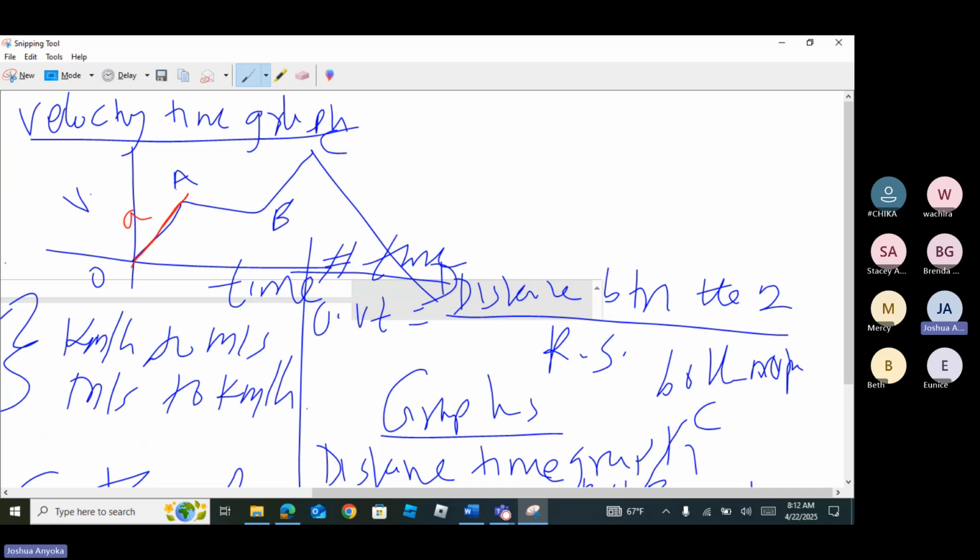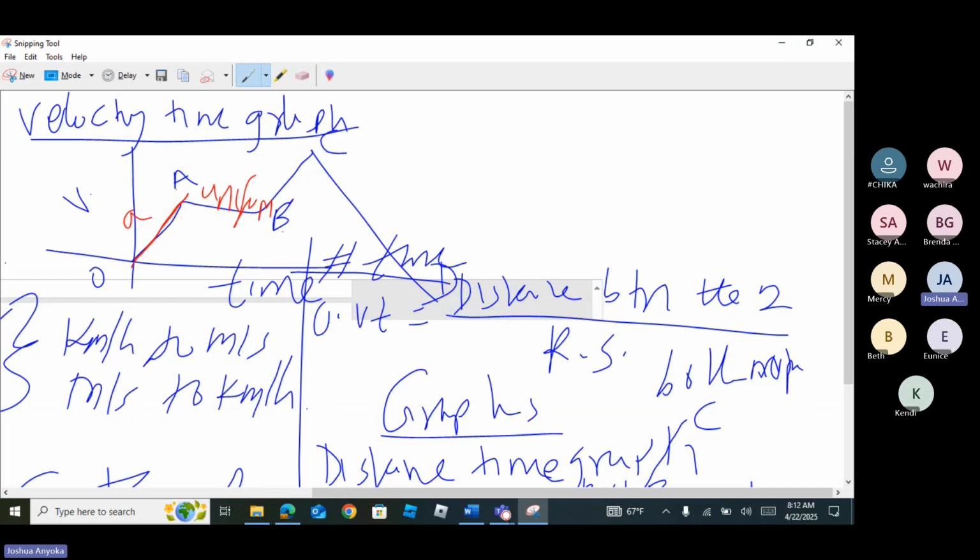From A to B, moving at uniform speed, velocity. From B to C, still it is acceleration. From C to D, it is decelerating. Deceleration is a negative acceleration.